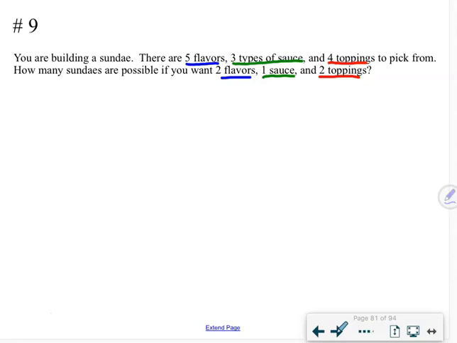So what we're going to do is just one thing at a time. We have 5 flavors that we want to choose 2 of. Okay, then we're done with flavors. Then we're on sauce. There's 3 sauces we want to choose 1 of. And then there's 4 toppings that we want to choose 2 of. So that's how this one would work.